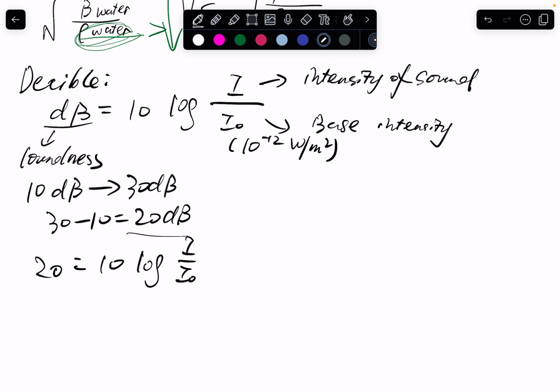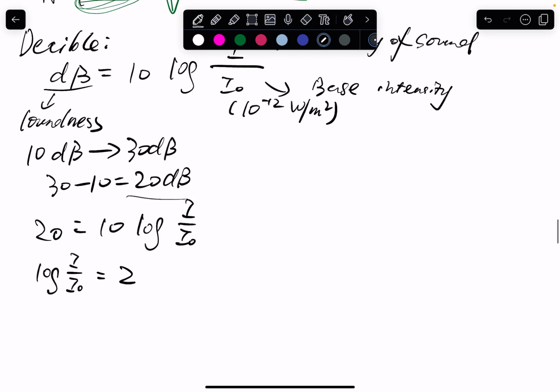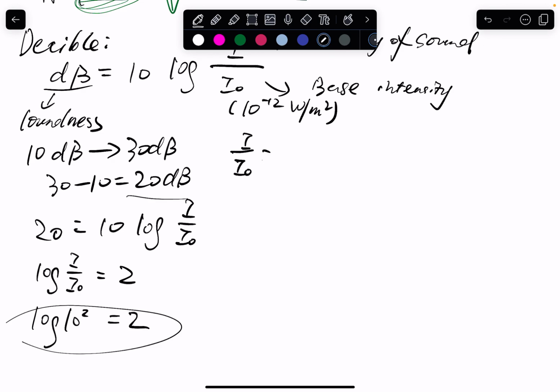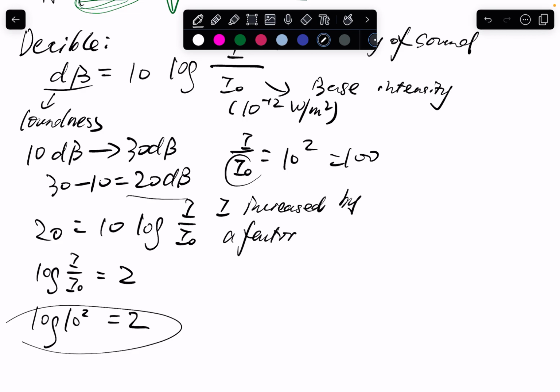That gives me log I over I naught equals 2, so I over I naught equals 10 to the 2 equals 100. And I naught is constant the whole time, so this is the change of the intensity, a factor of 100. So the answer is the intensity increased by a factor of 100.